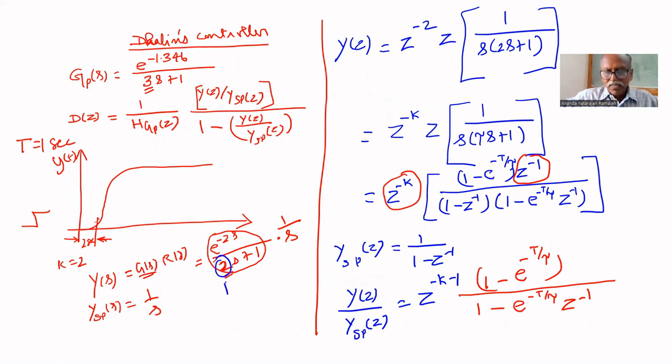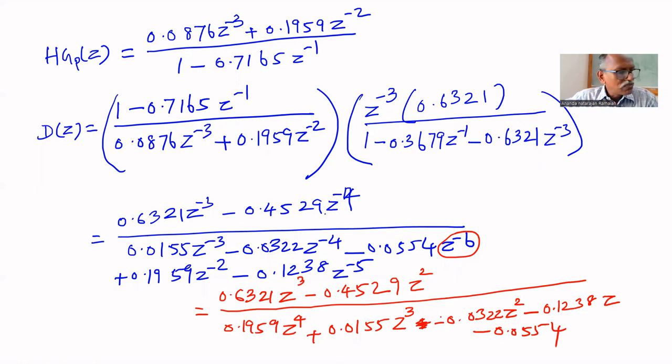This is the expression for mu equal to 1. So we are assuming that the closed loop time constant is 1.